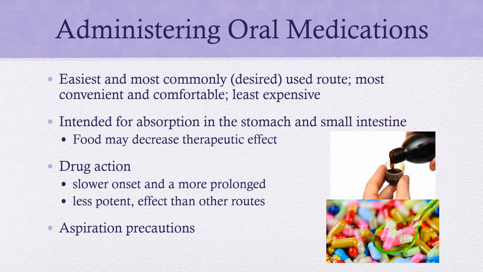They have to pass through the layer of those epithelial cells that line that GI tract. So don't anticipate if you give an oral medication for fever or pain that it's going to work very quickly, okay? So make sure you know that evaluation time. It is the easiest, it's the most common, but again, it's a slower onset. So just be aware.